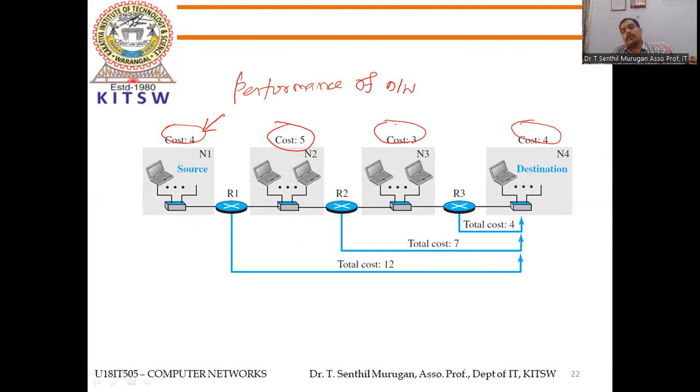Performance of the network may mean throughput, quality, or quality of service. So high throughput, less delay, very little packet loss, more delivery.